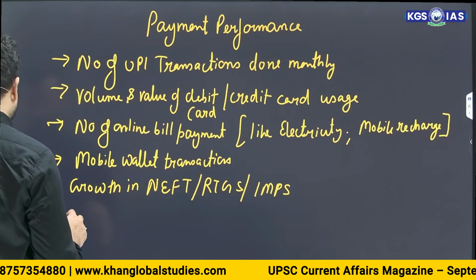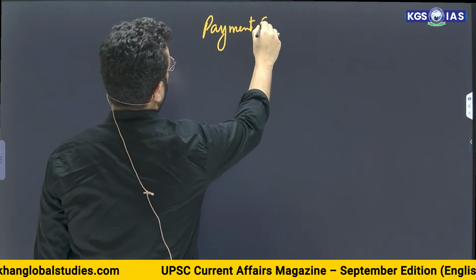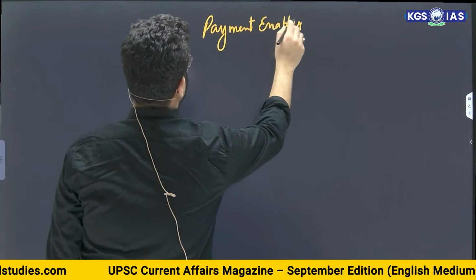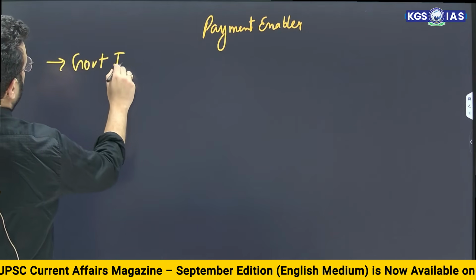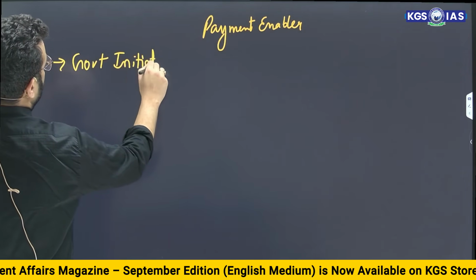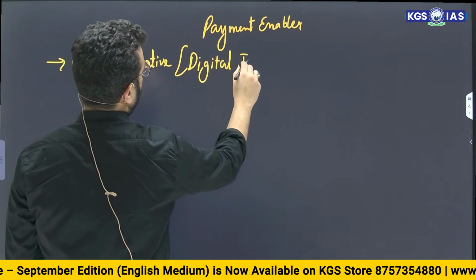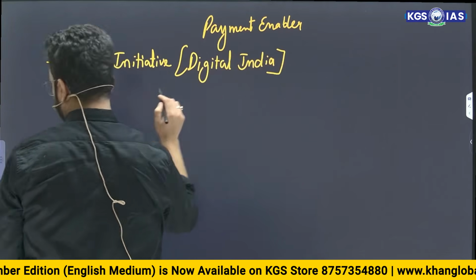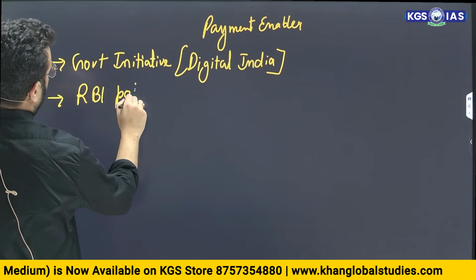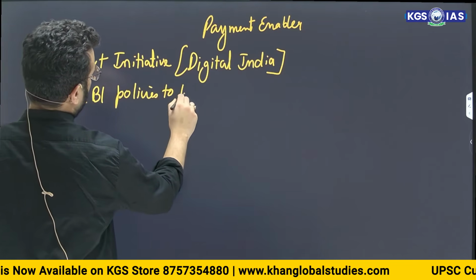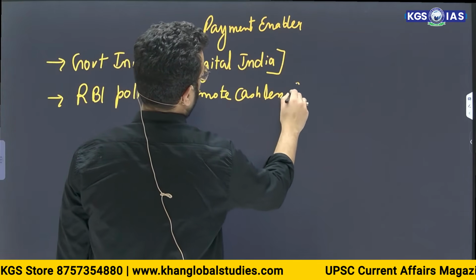Then the next is payment enabler, the second one. What all is included in payment enabler? Government initiatives, for example Digital India. Then we have RBI policies to promote a cashless economy.